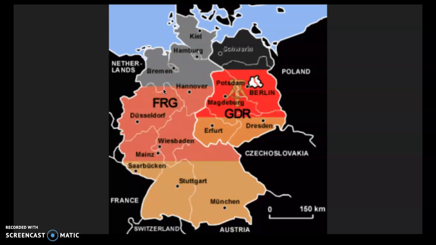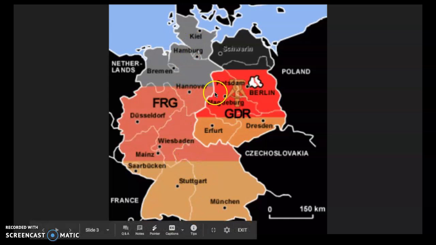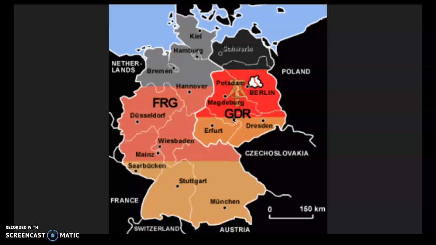This is what Germany looked like after it was decided how it was officially going to be divided up, where a democratic government was implemented in the western part of Germany, while a communist government was implemented here in the German Democratic Republic.